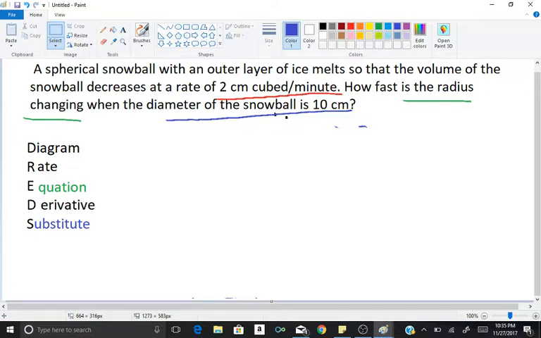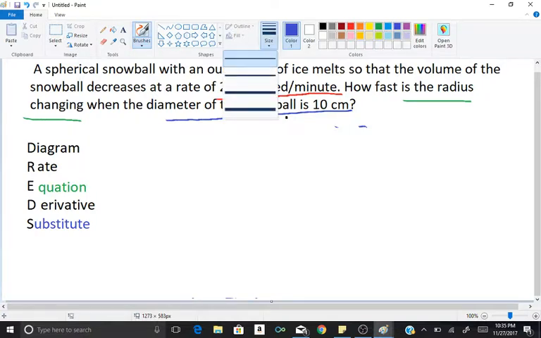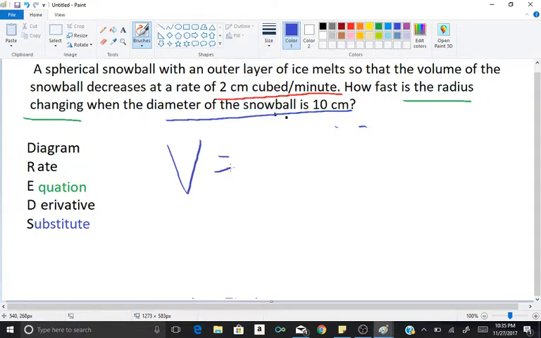All right, next, going back to the equation, volume equals 4/3 pi r cubed. Notice we took the derivative and then we substituted. So you may be wondering, why couldn't we just plug the r in? If the radius is 5, why can't we just plug it in here instead of after we take the derivative?